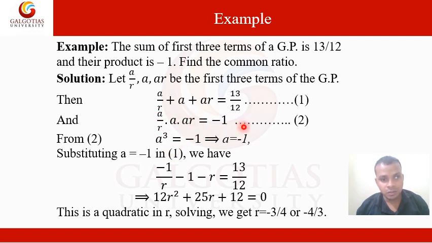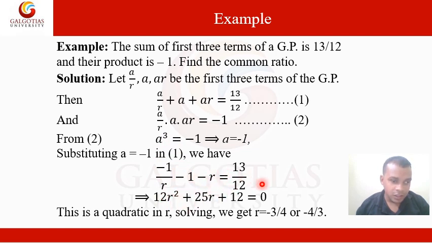So from equation number 2 I get a cubed equal to minus 1, so the value of a is minus 1. I hope you are able to understand. Now substitute the value of a equal to minus 1 inside equation number 1 and get the value of r here.